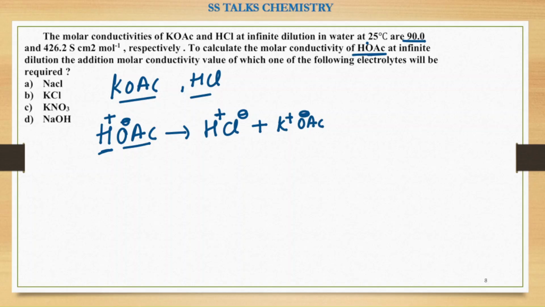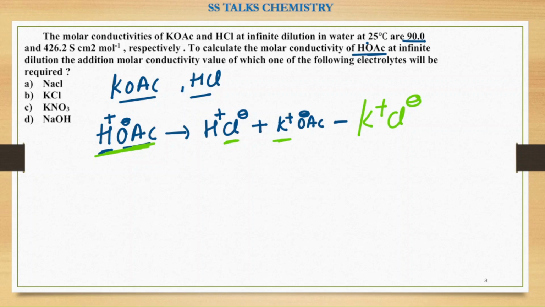Now from this we need to subtract the additional ions that we are getting, which are Cl- and K+. That means the conductivity of this KCl electrolyte we need to subtract from the total so that we can get the conductivity of acetic acid, right?